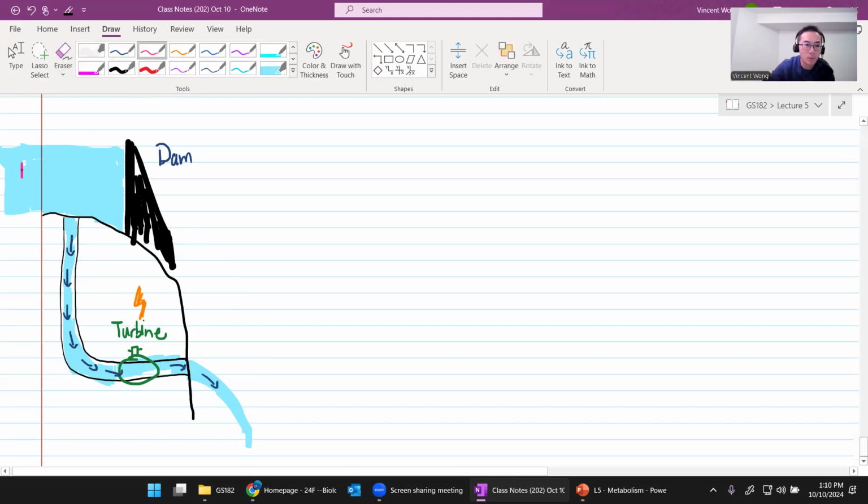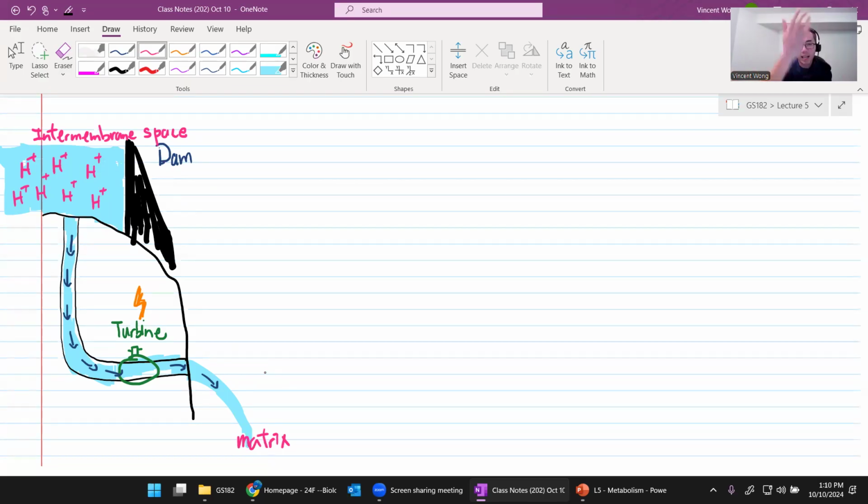Instead of water, we basically have a bunch of H plus that we have built up in the intermembrane space. So this is the intermembrane space. They want to go back into the matrix, because things naturally want to go from high concentration to low concentration, but they cannot do so on their own.